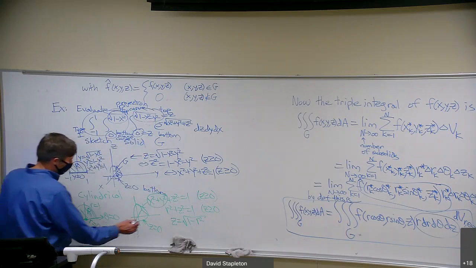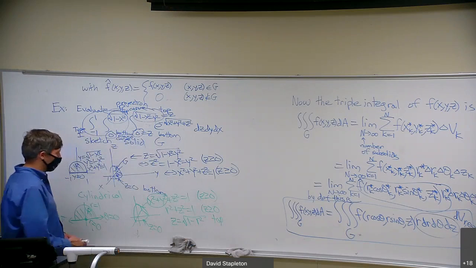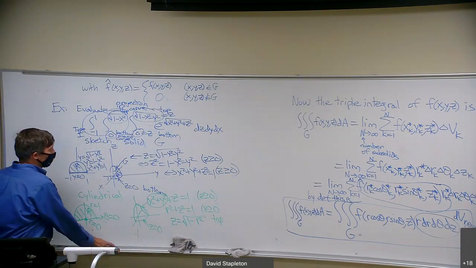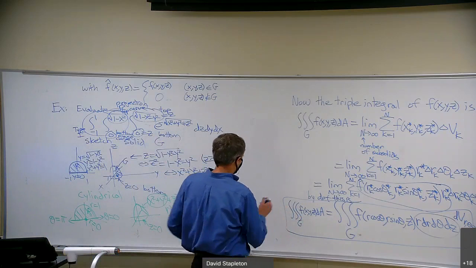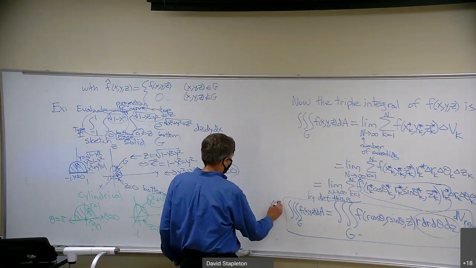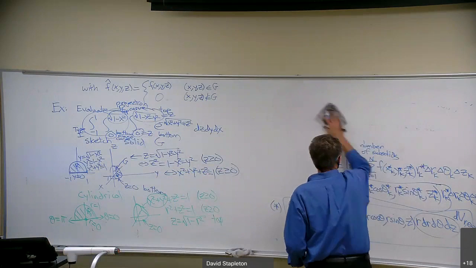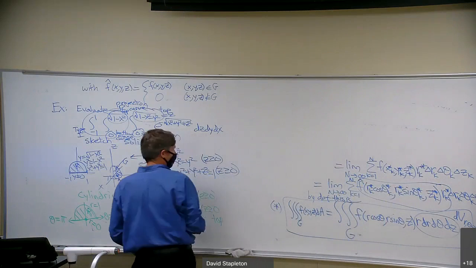So there's the top surface equation converted to cylindrical coordinates. So now it's not too bad because now rewriting, if I call this star, I can also convert this integrand.